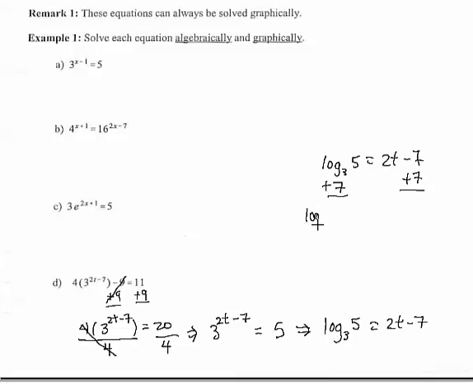So now we have a log plus 7 equals 2 times t, and to finally get t by itself we divide both sides by 2. So algebraically we have t equals log base 3 of 5 plus 7 divided by 2.